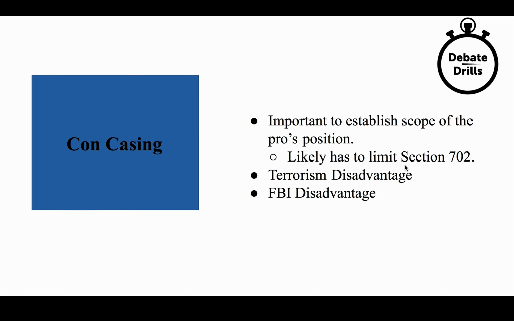Another potential, although less intuitive, position is the FBI disadvantage, that the FBI relies on being able to use 702 data and conduct queries through their software that necessarily has to include information about Americans. There are a lot of very strong cards written by people within the FBI and the intelligence community that talk about how the sharing between the NSA and the FBI has been useful for solving domestic and foreign problems.